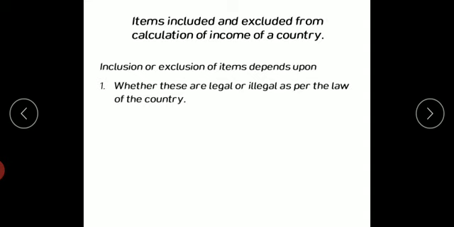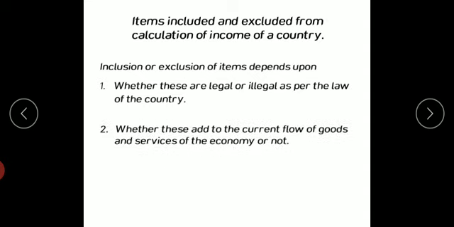So if any activity is illegal in the eye of law, then it is not included. Be sure of that. The next point is to know whether that item adds to the current flow of goods and services of the country or not. Whatever income or activity we are talking about in the question, is it adding to the current output of the country?